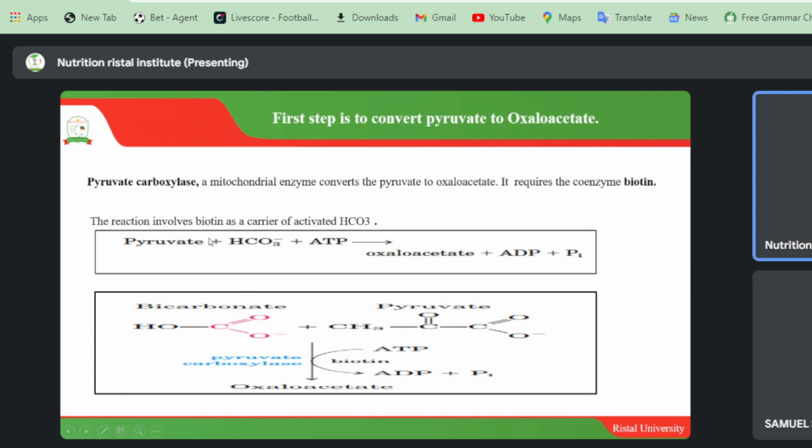We know pyruvate is a three carbon molecule, and oxaloacetate is a four carbon molecule. So for you to form the oxaloacetate, you will need to add more carbon into the reaction. So the bicarbonate here reacts with pyruvate to form the oxaloacetate here.